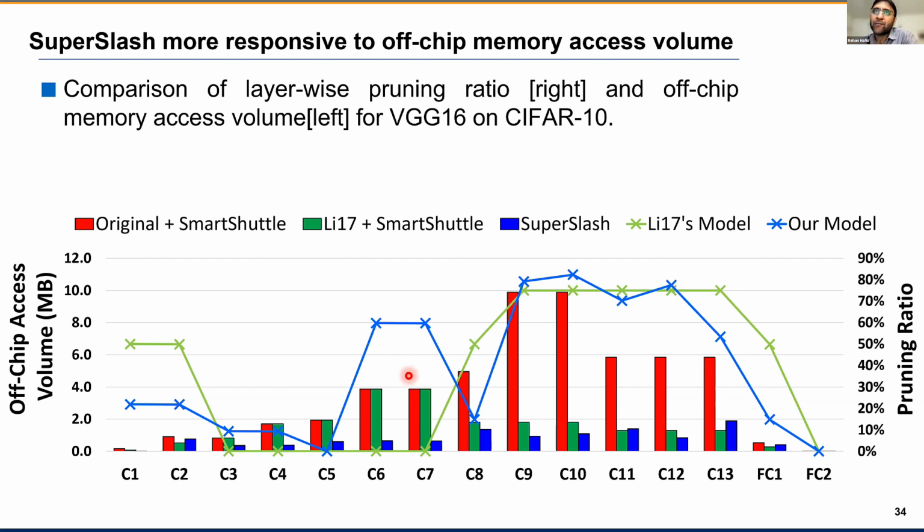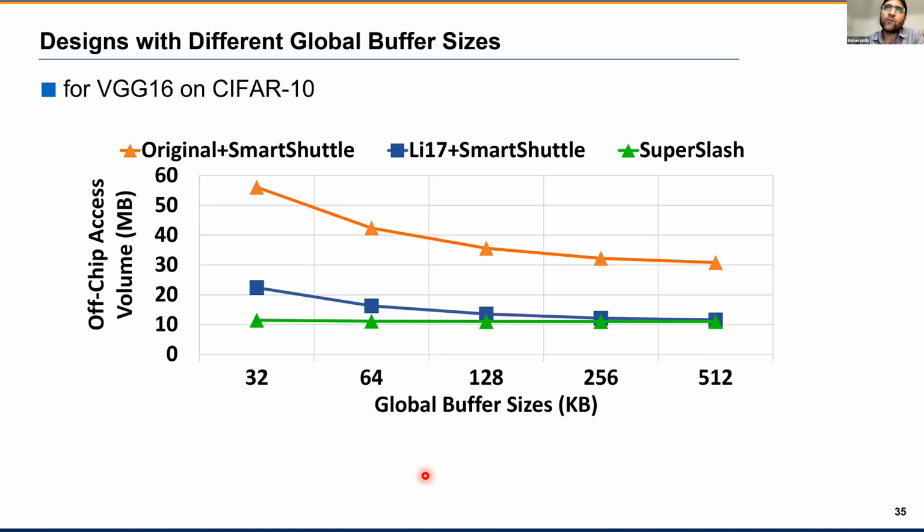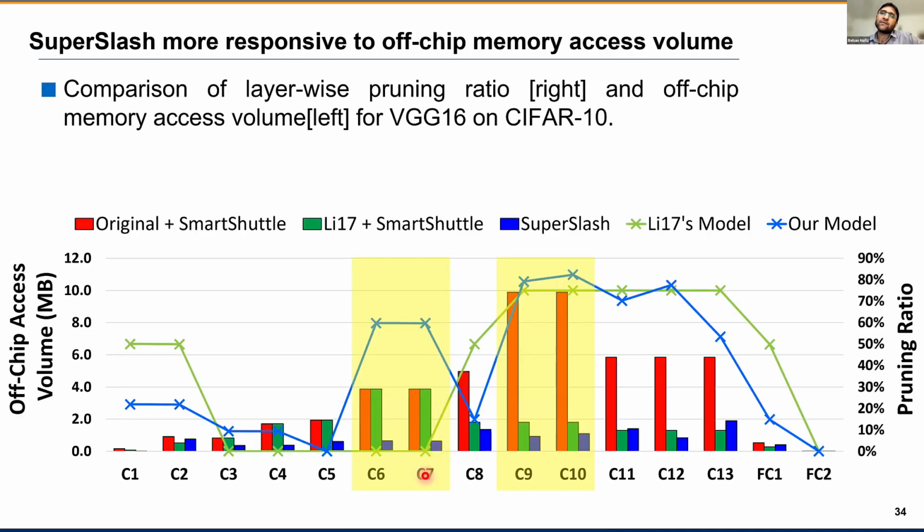However, the standard model, which was pruned by the technique proposed by Lee, was not pruning convolutional layers 6 and 7 at all. And so it shows that unifying the design information into model pruning is very useful.